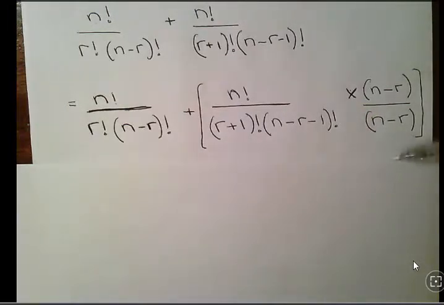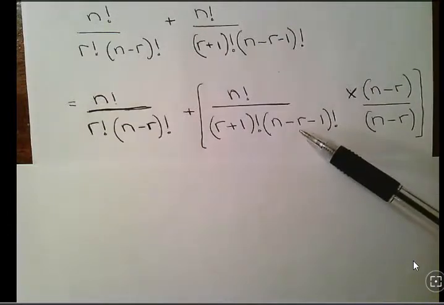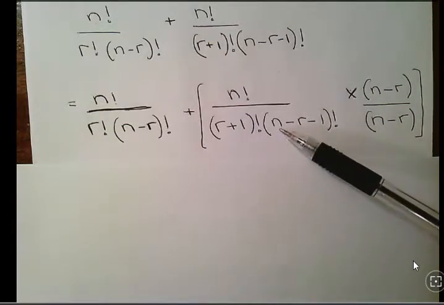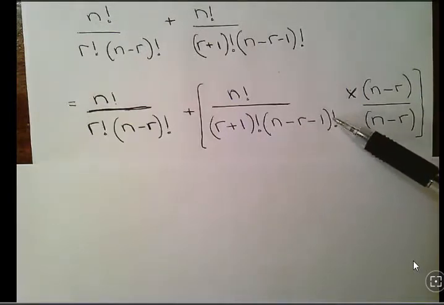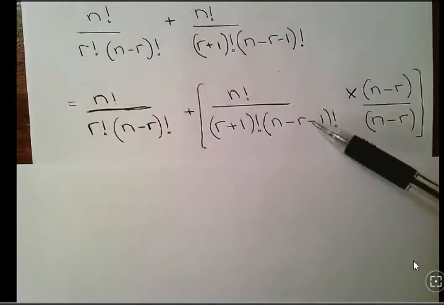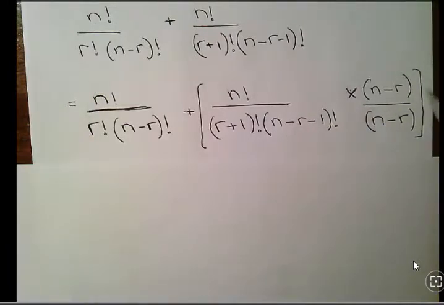This is an informed decision. I need to work on n minus r minus 1 factorial, because I want that to be n minus r factorial. So with the second expression, which I arbitrarily picked, I'm going to multiply above and below by n minus r. This is a fraction here.